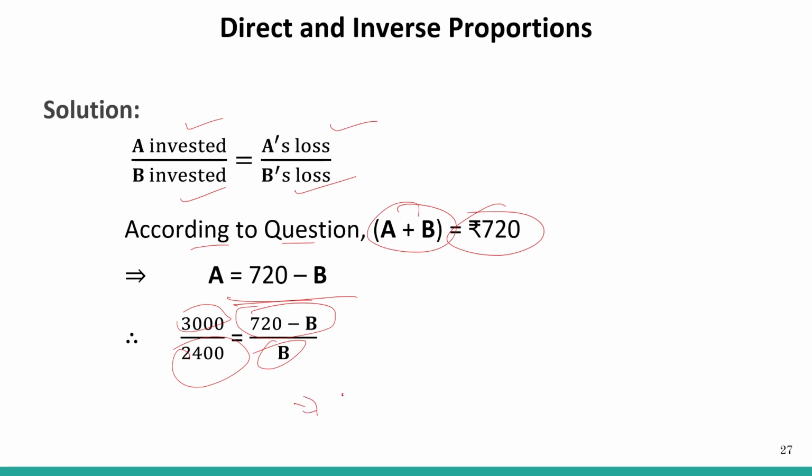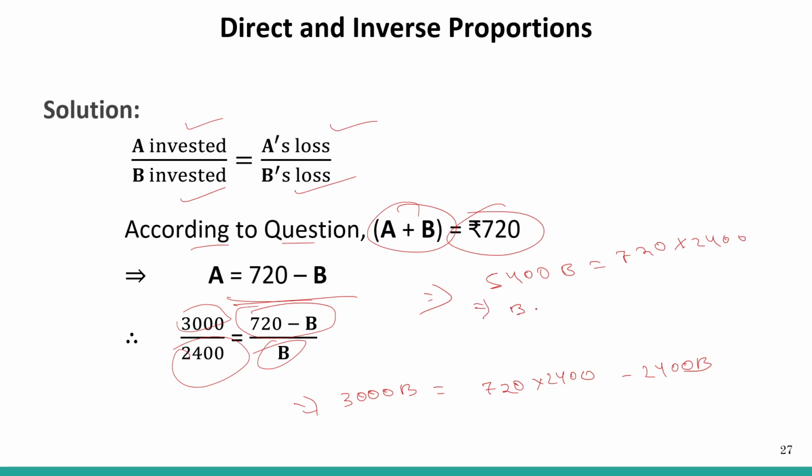So this implies that 3000B is equal to 720 into 2400 minus 2400B. So this will become 5400B. Okay, 5400B is equal to 720 into 2400.